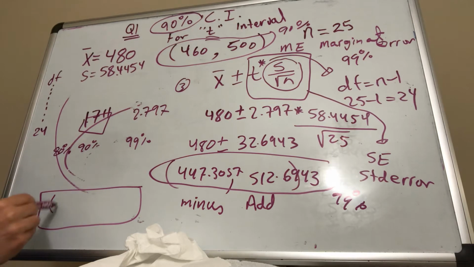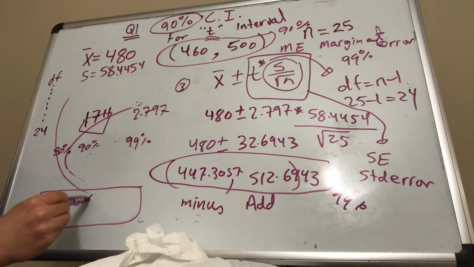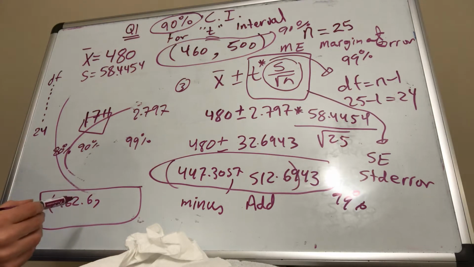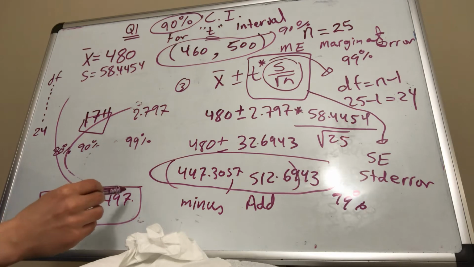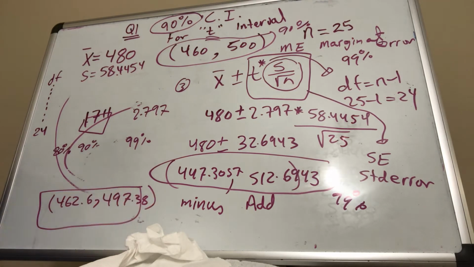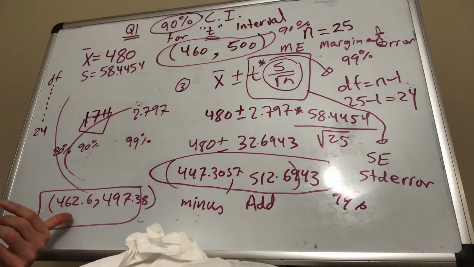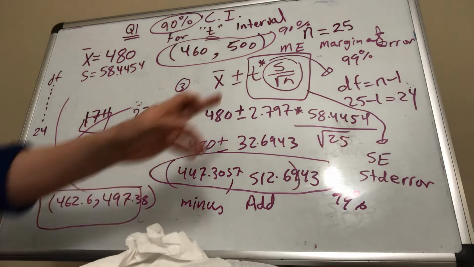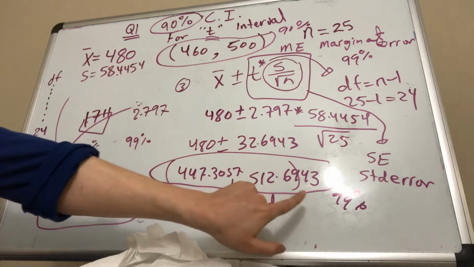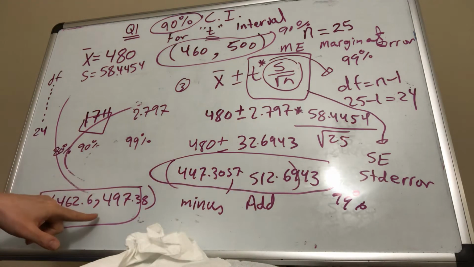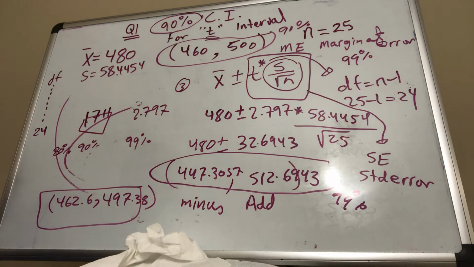They tell you it's between 462.6 something and 497.38. And they ask you, this confidence interval was done at what percentage or what level? 90% was between 460 and 500, 99 between these two numbers. They give you this, can you figure out what this number is?